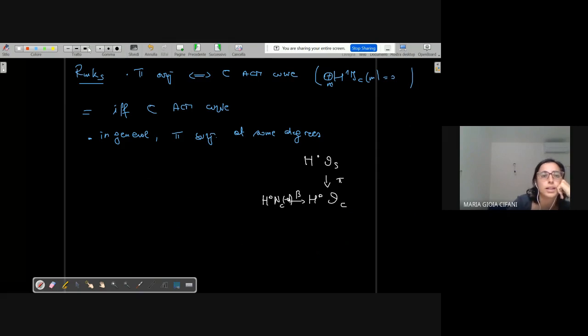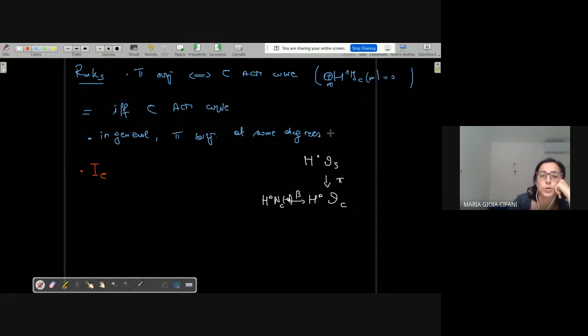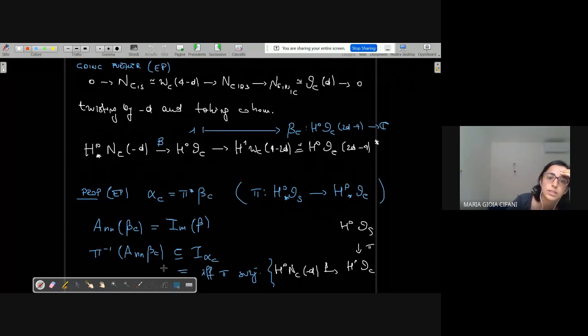So the homogeneous ideal of C is the kernel of pi, because here we have H0 of the ideal. So it's the kernel of pi. So it is clearly containing pi minus 1 of the image of the annihilator of beta. So it is contained in alpha C, because it is contained in this pi minus 1 of the annihilator, because it's pi minus 1 of 0.